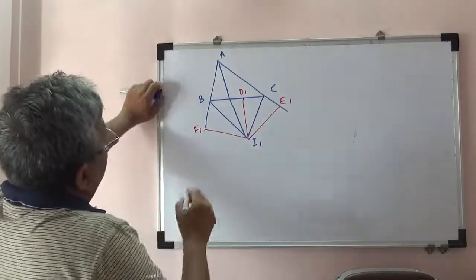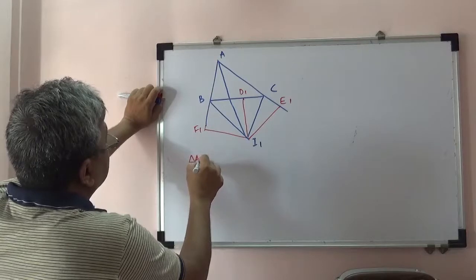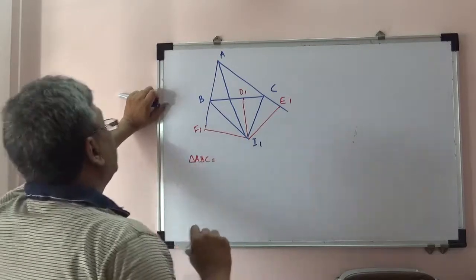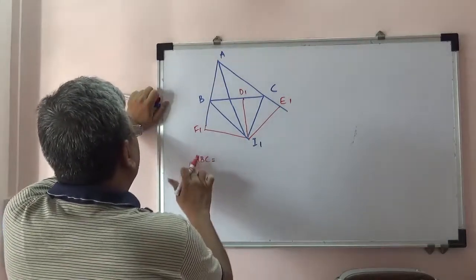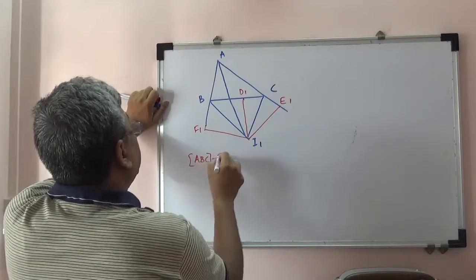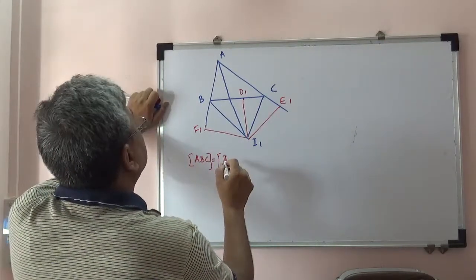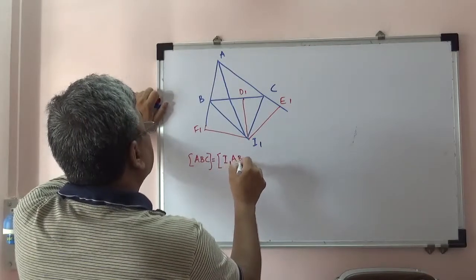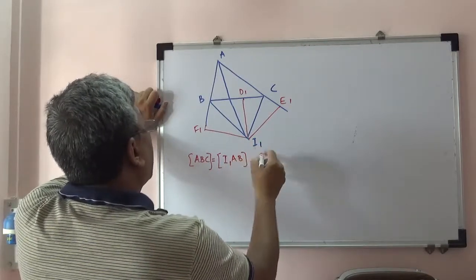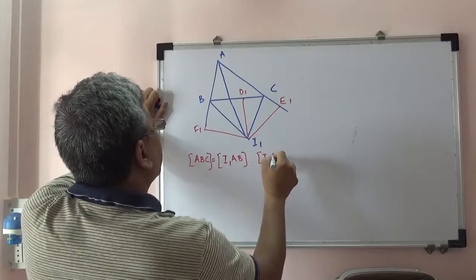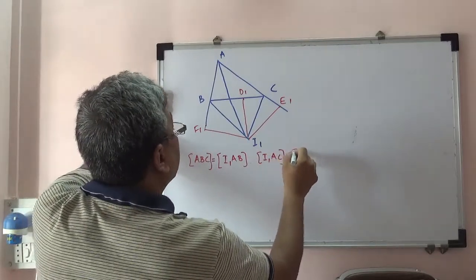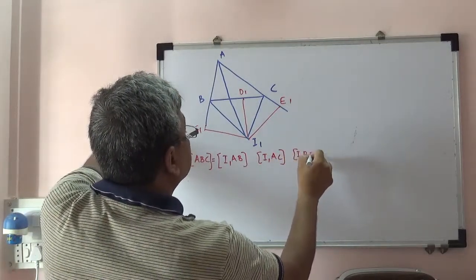Okay, so now triangle ABC is equal to, I want to write the area of triangle ABC in terms of triangle I1AB, I1AC and I1BC.